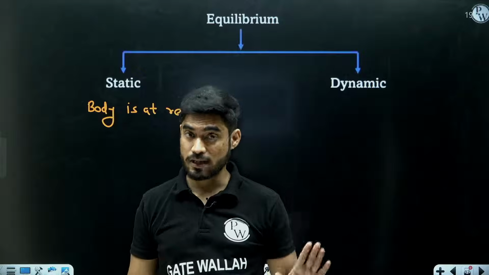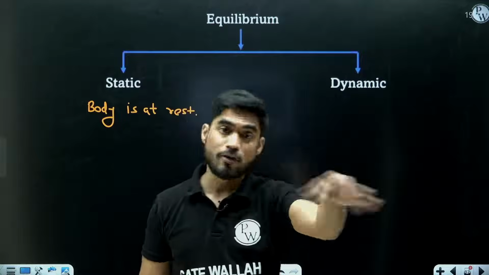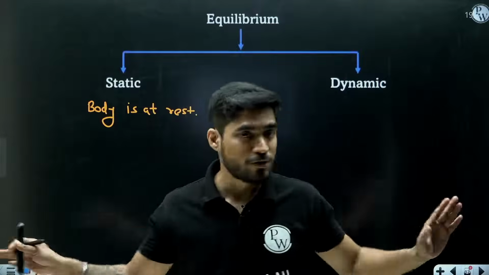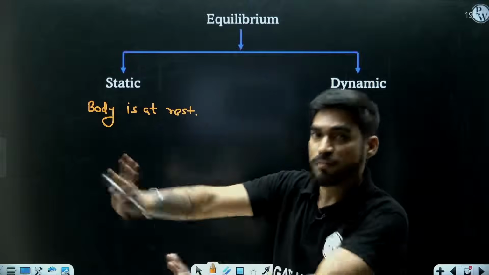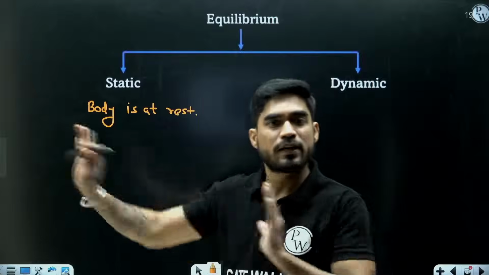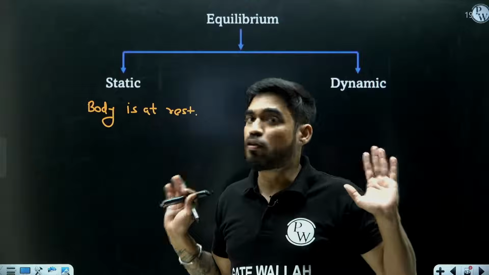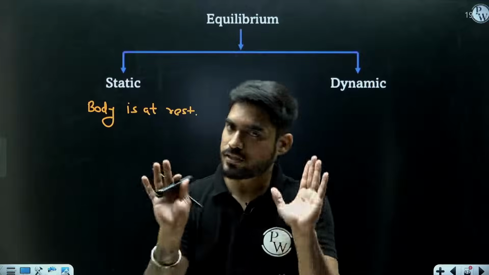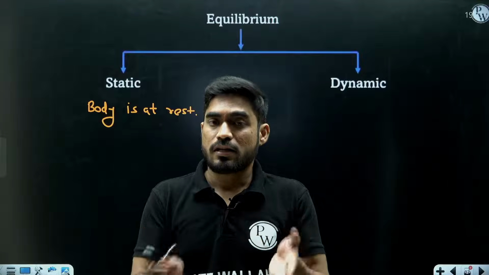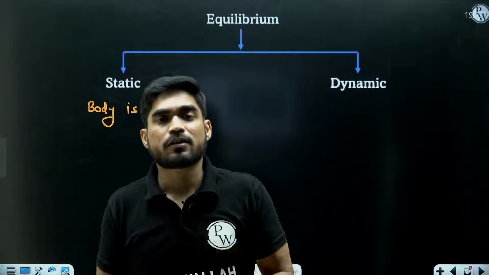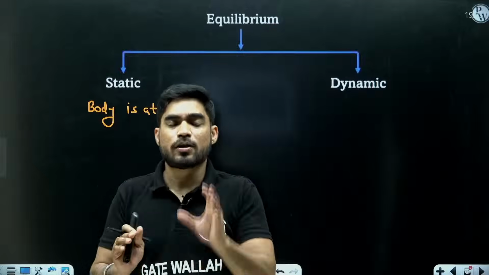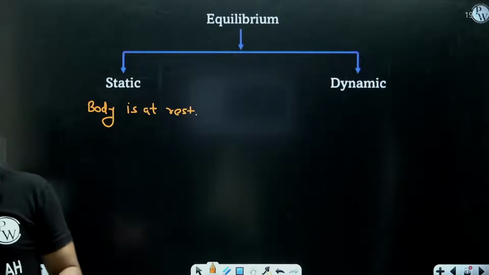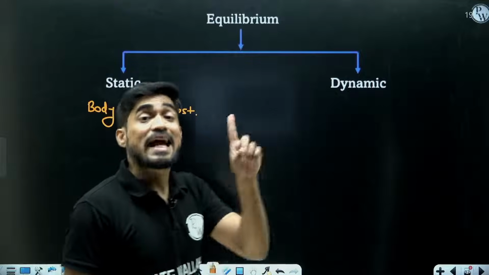Assume the condition, okay? Even friction forces are also zero. Imagine friction force is also not there. You have pushed a body, the body is moving, and now there is no force acting on the body. Even the friction force is 0. So net force is 0. Now the body is moving, so it will not accelerate.